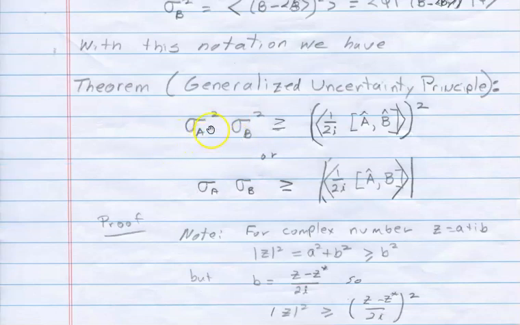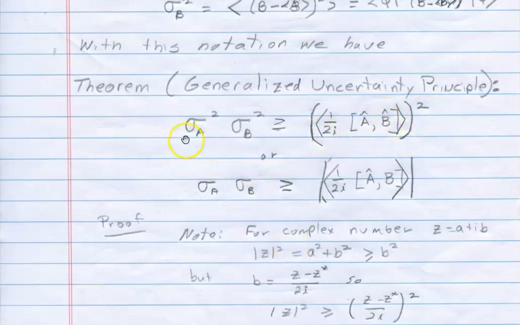If I take the standard deviation of A squared times the standard deviation of B squared, that product has to be greater than or equal to this quantity in brackets here, which is the expectation value of the commutator of A and B, where A and B are the quantum mechanical operators associated with physical quantity A and physical quantity B, respectively. In cases of usual interest, this quantity inside is a real number, and so when you square it, you get a positive real number.